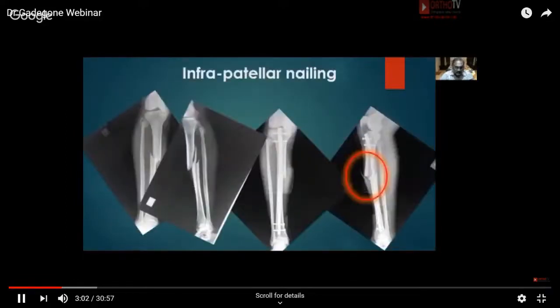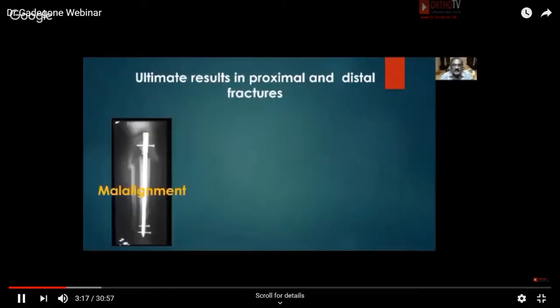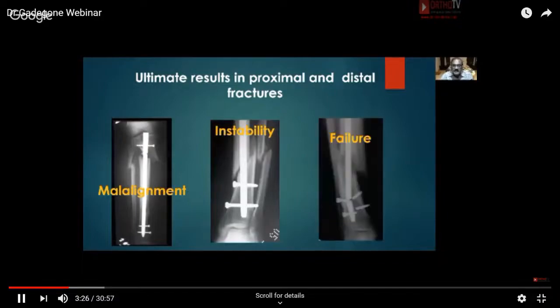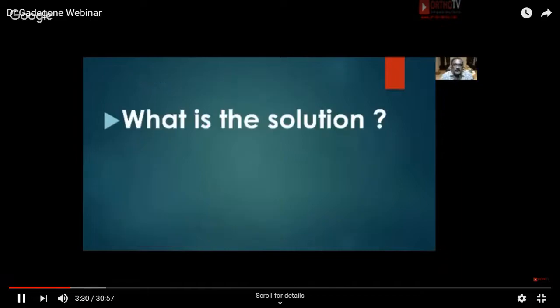Therefore, nailing in the proximal tibia is very unpopular, and with infrapatellar nailing malalignment is the rule, in about 63% of cases. Ultimately, in a proximal or distal tibia, the malalignment leads to instability and ultimately failure of the implant and nonunion. So what is the solution then?